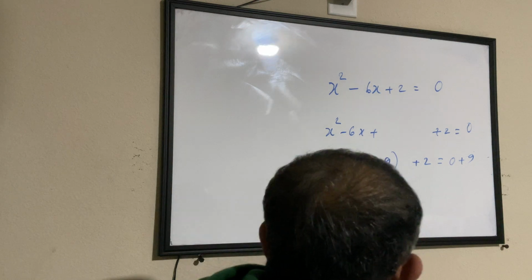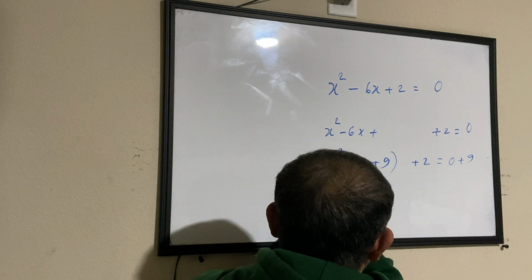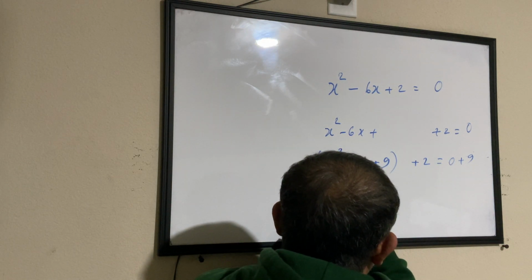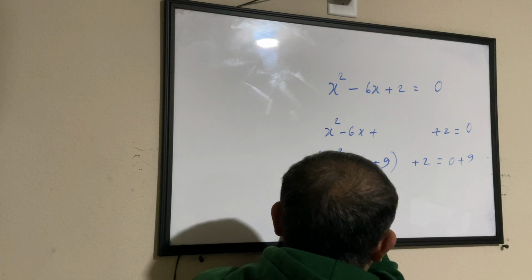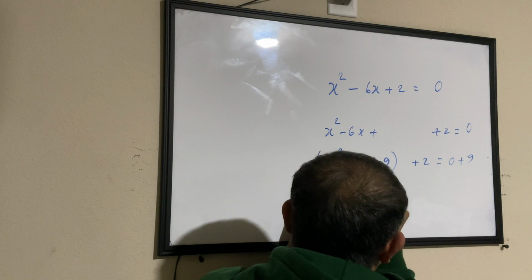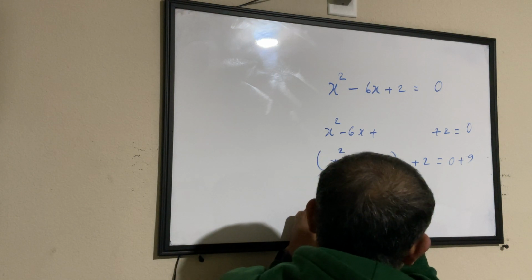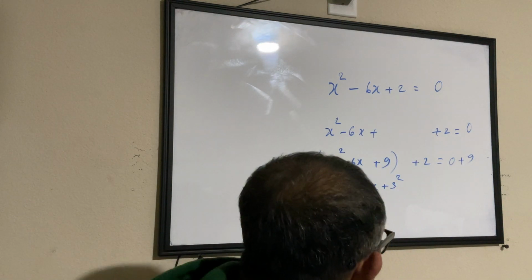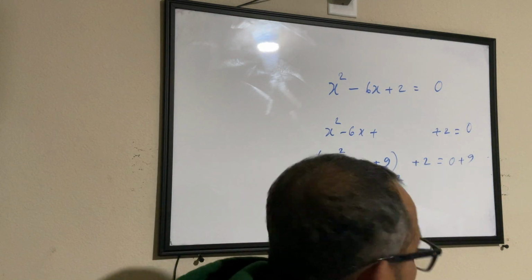Why did I do that? Now this becomes x squared minus 2 into 3x plus 3 squared. If you look at it carefully, it is x minus 3 whole square.